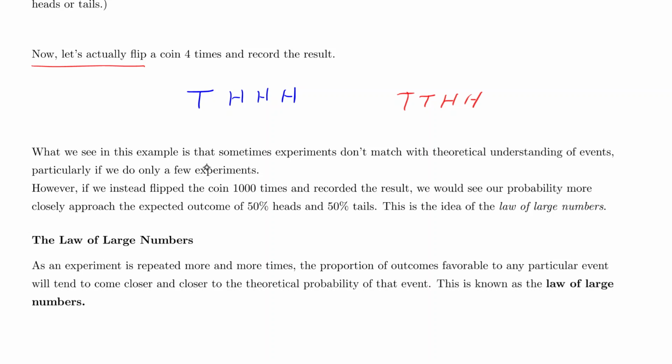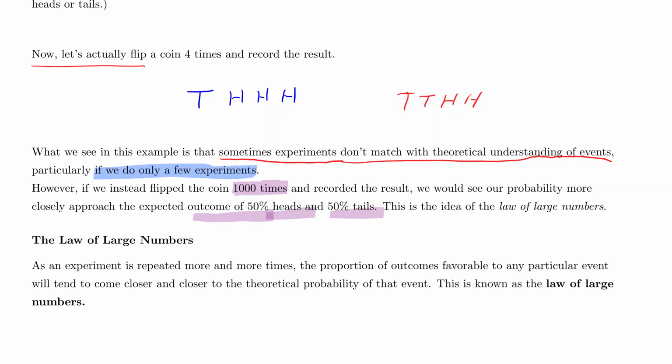What we see in this example is that sometimes experimental results do not match our theoretical understanding of events, particularly, and this is the key point, if we do only a few experiments. However, if we instead flip the coin 1,000 times and record the results, we will see our probability more closely approach the expected outcome of 50% heads, 50% tails.